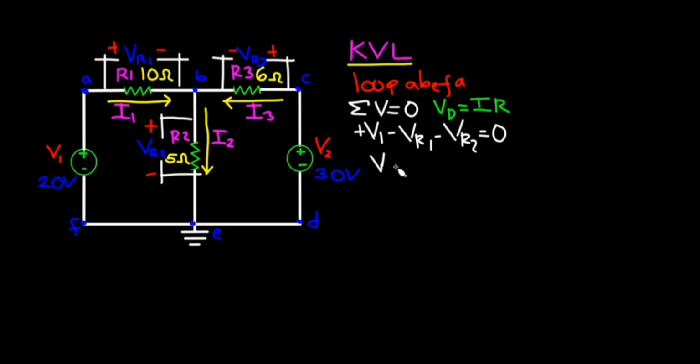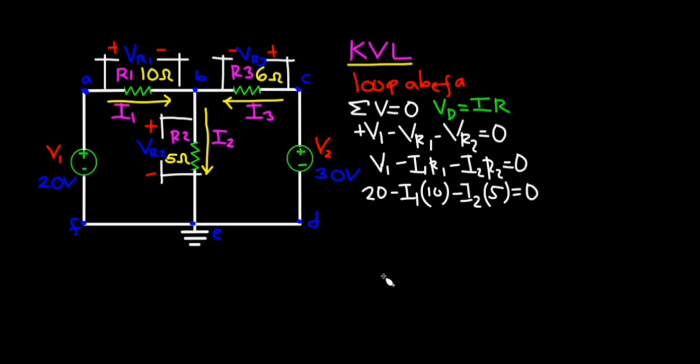then we will have V1 minus I1 R1 minus I2 R2 equals 0. Using the values, 20 minus I1 times 10 minus I2 times 5 equals 0. 20 minus 10 I1 minus 5 I2 equals 0.